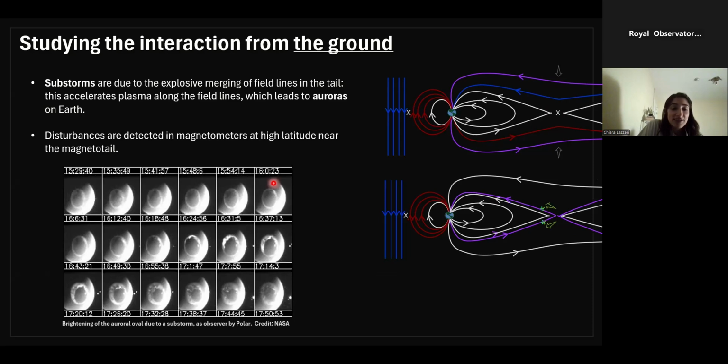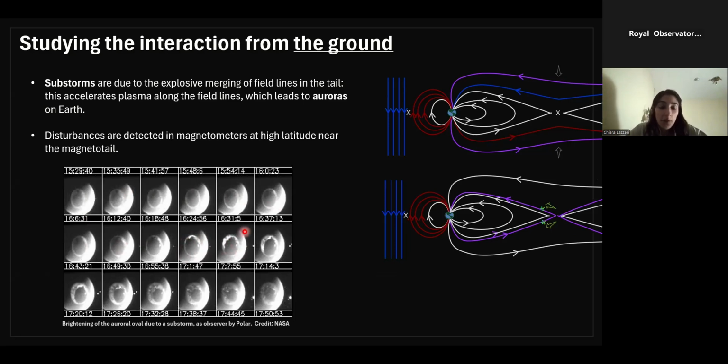This is something that you can see here. This is technically not ground data. This is data from a NASA mission called Polar that observes the aurora oval, which is a structure here. You can see the aurora oval looks pretty similar in these snapshots up until this time, where we have a substorm, this explosive reconnection in the tail, where we have an enhancement in the thickness and brightness of the aurora oval.